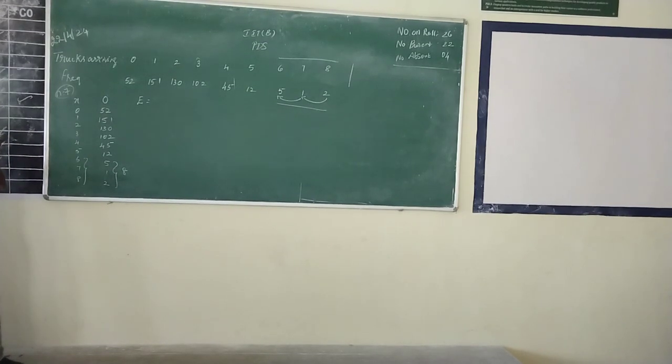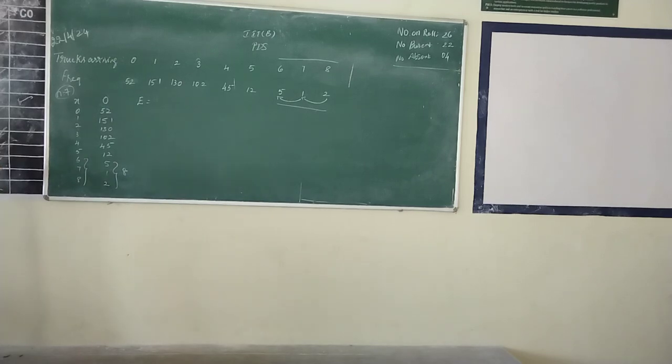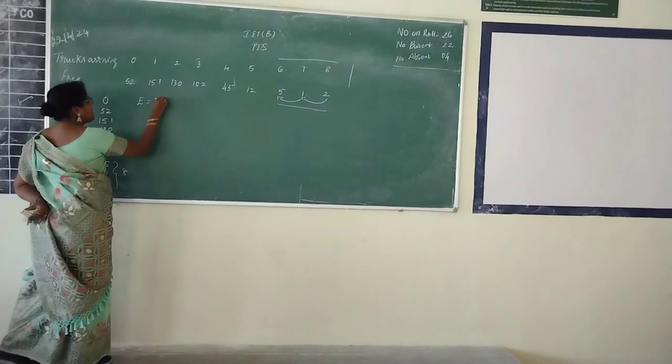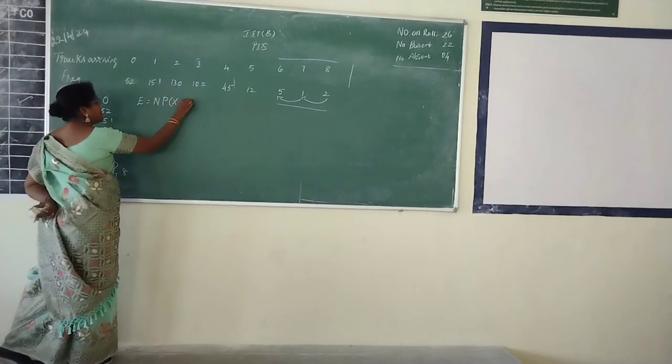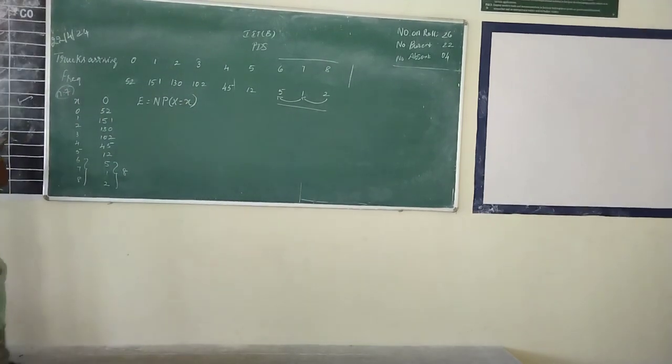You are going to solve it in the general way of distribution. If you are using a distribution, what is the E formula? Just now we saw it. When you are using a distribution, what is the formula to get E?